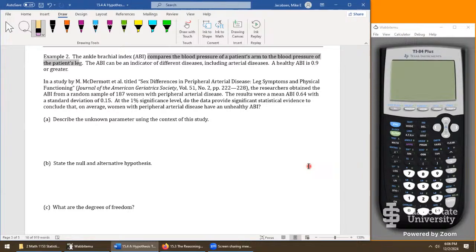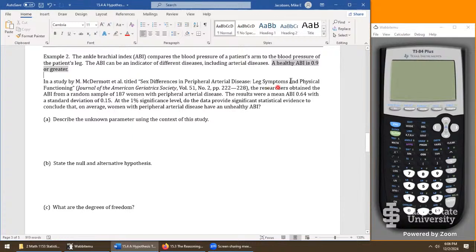They want to compare that against what's going on with your blood pressure down in your leg, further away from your heart. I'm not too sure why, but let's see if they'll tell us. The ABI can be an indicator of different diseases, including arterial diseases. And they say next, a healthy ABI is 0.9 or greater. That sounds like specific information, so let's highlight that.